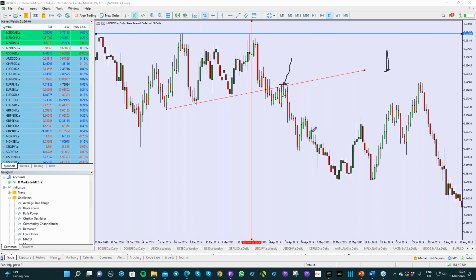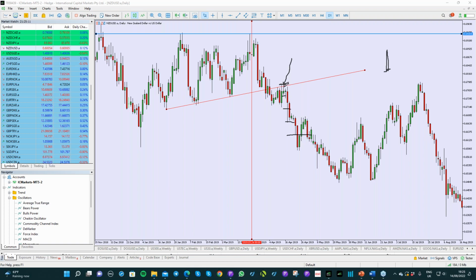Generally, something as simple as targeting a 2-to-1 reward to risk with a strategy like this could be beneficial, or a 3-to-1 reward to risk, or potentially 1-to-1 scale out a third of the position, 2-to-1 scale out another third, and then take all profits off at 3-to-1.